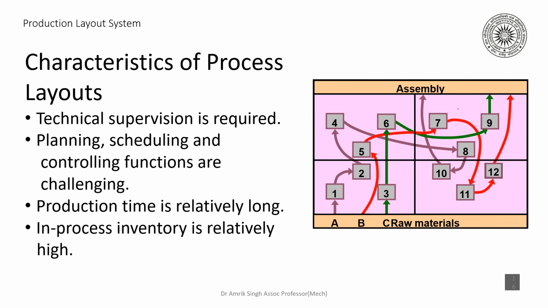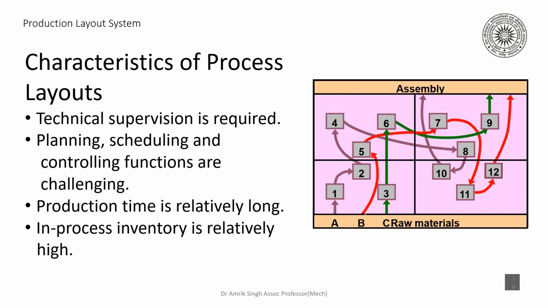So you see here the raw materials, three raw materials are there, A, B, C. So they are given different colors. So you see they follow different routes. Raw material A goes from 1 to 2, okay. Then 2 to 4, it goes to machine number 4. Then 4 to 8, then 8 to 10, and finally it assembles.